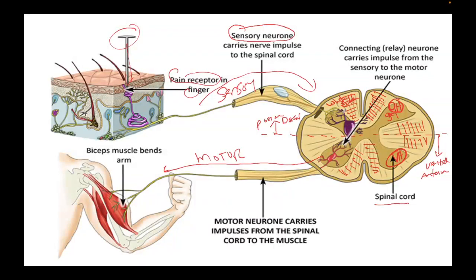What is this relay man in the center, right here? So this relay, that's your interneuron. Your sensory neuron sends the information in to the dorsal horn. It synapses, and it's going to relay that information into the interneuron.